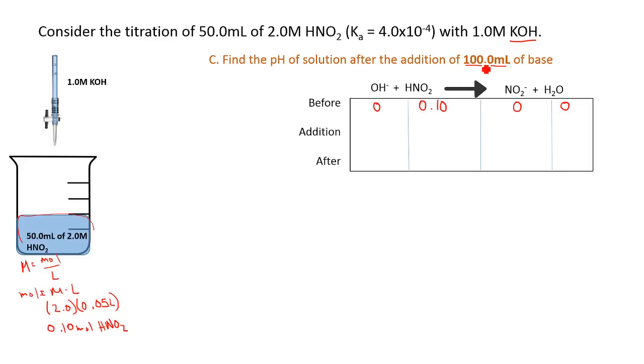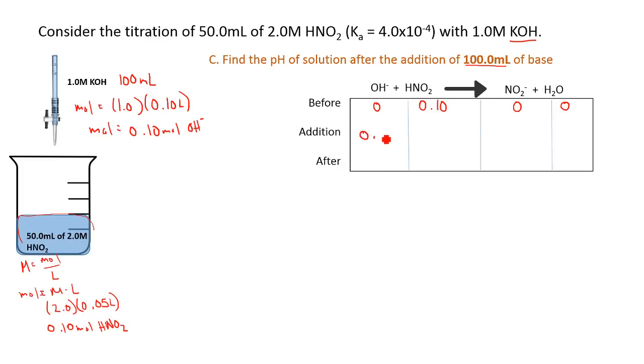Now, we're going to add 100 milliliters of 1 molar potassium hydroxide. So to find the moles, I take my molarity and multiply by my volume in liters. My moles are 0.10 moles of hydroxide.